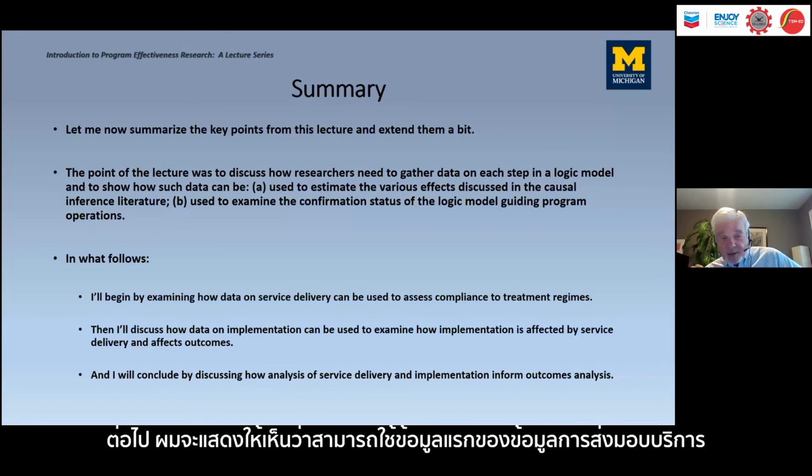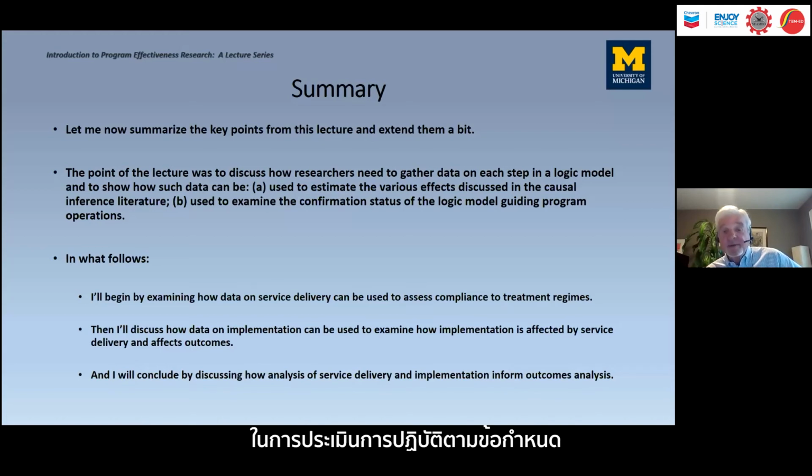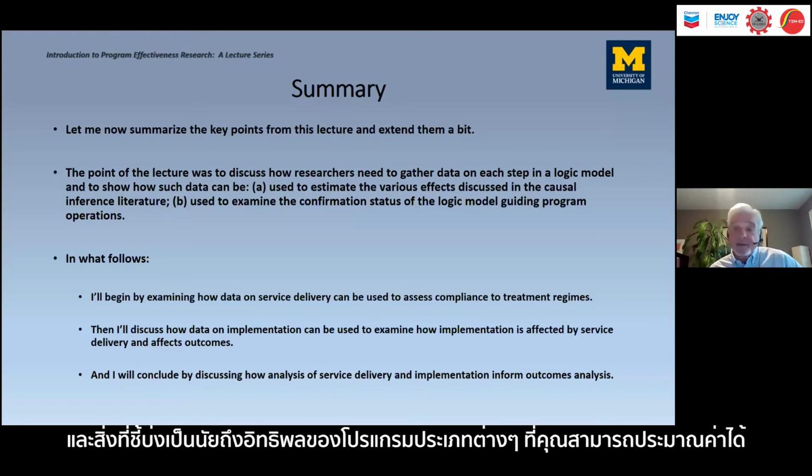In what follows, I'm going to show you first how service delivery data can be used to assess compliance and what that implies for the kinds of treatment effects that you can estimate.